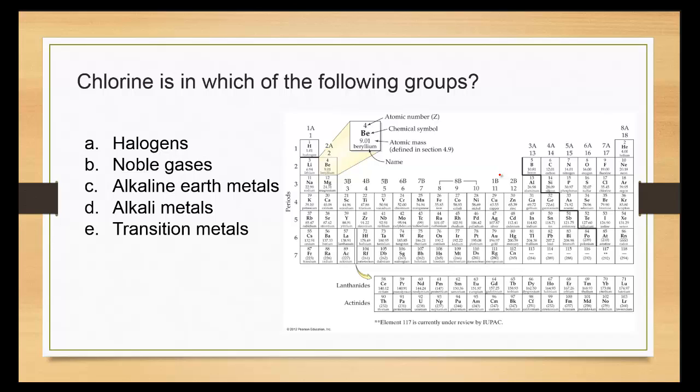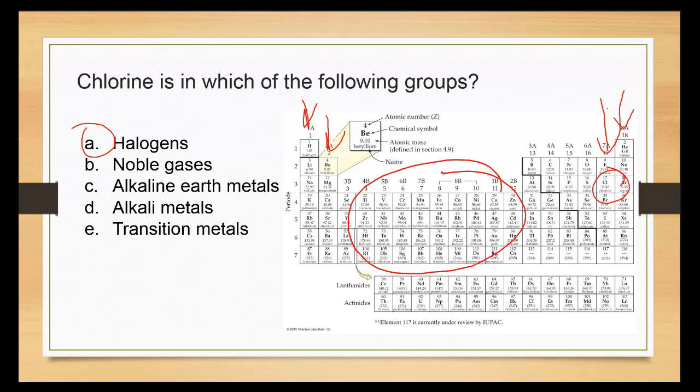Once again, halogens are here, which is the group it's in. Noble gases are here. Alkaline earth is here. Alkali and transition metals. This is primarily memorization. There's really no other way to go about it than to memorize which rows are which. And that is how the periodic table is organized.